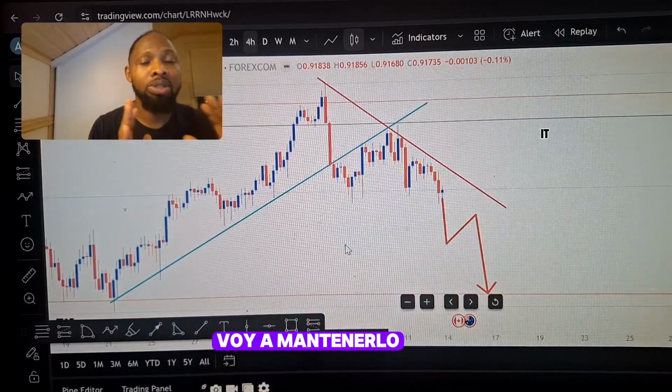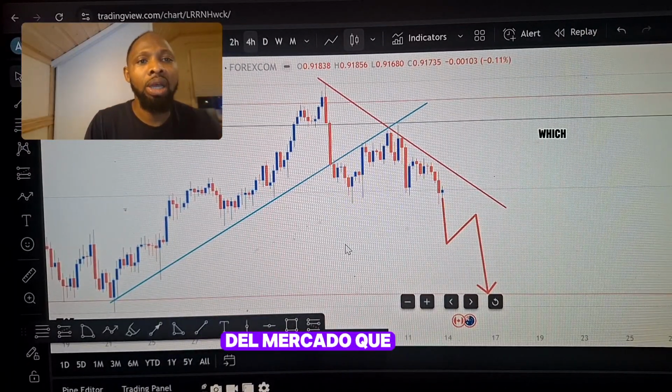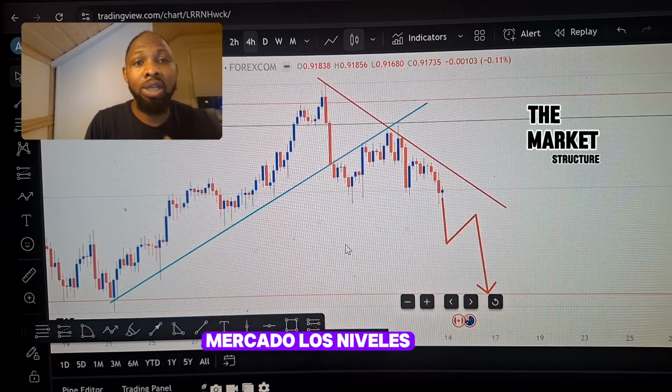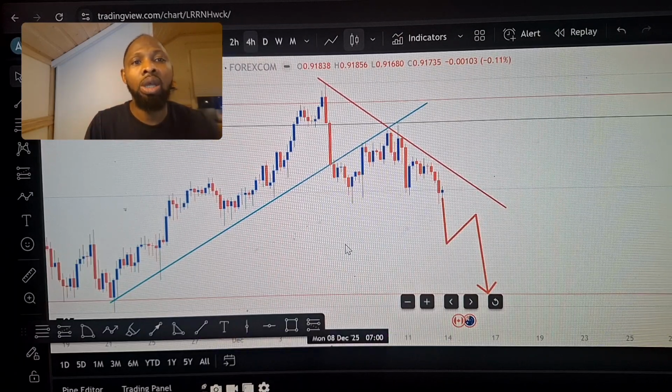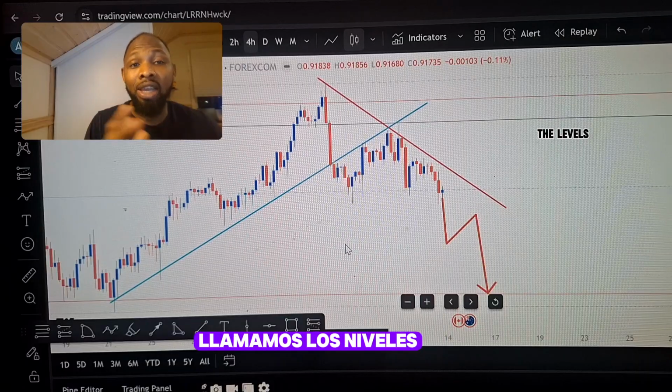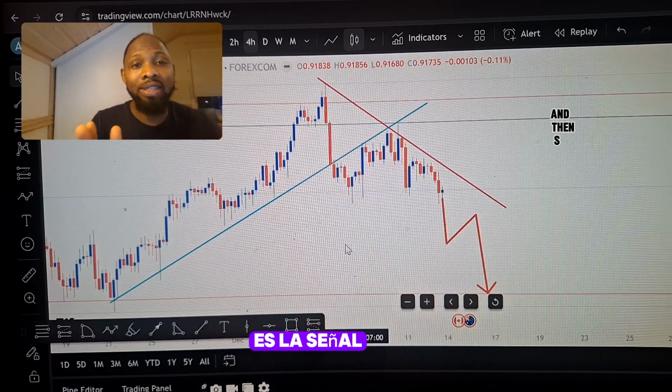I'm going to just keep it simple, following the rules of the market, which is MLS. M is the market structure, which is the higher highs and higher lows; L is the levels, which is the support and resistance; and S is the signal.